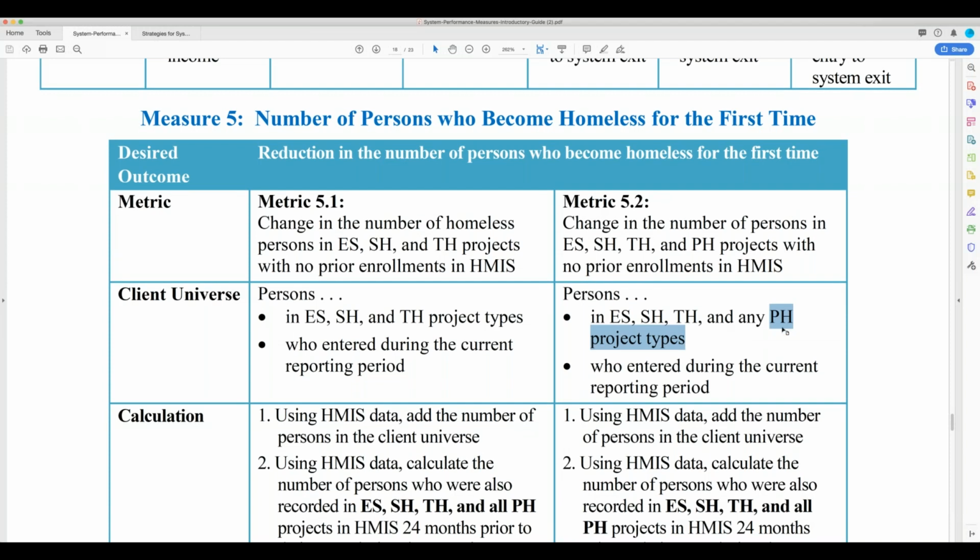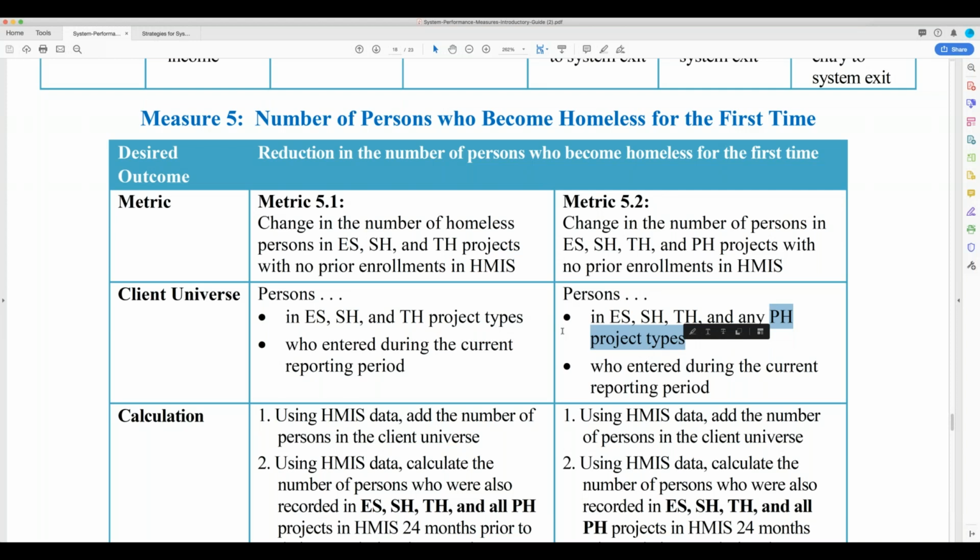They could have never before been in HMIS. This is the first episode of homelessness they've experienced, and their first time entering HMIS would be that they entered maybe Family Promise of Morris County or some other agency's open permanent supportive housing project.